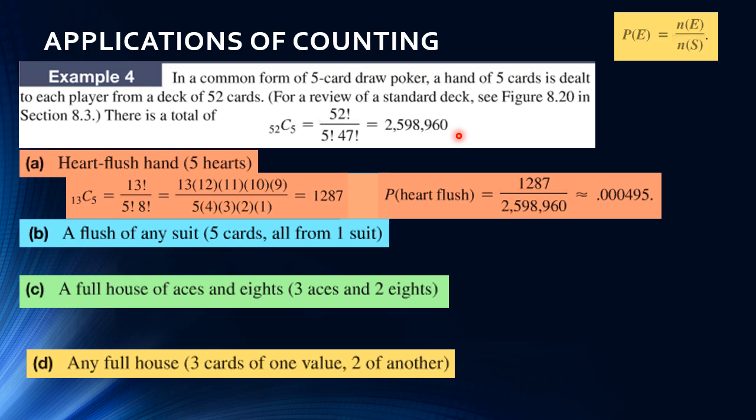Now it gets a little more complicated with B, because in A we just needed 5 hearts. In B we need to consider a flush of any suit. It's really not that complicated, right? So the probability that we have a heart flush is here, 0.000495. Well, this would be the same as the probability of a diamond flush, 0.000495, or a spades flush, or a clubs flush.